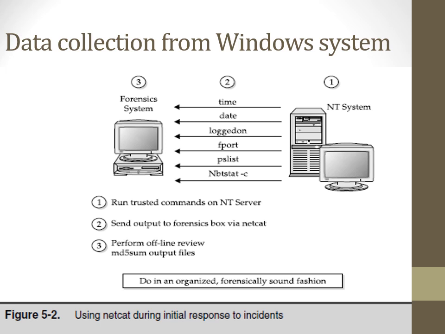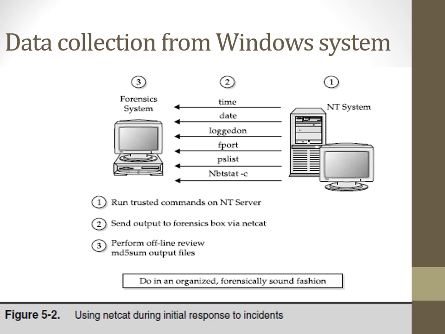Then the second thing that you ought to do is send the output to the forensic box via Netcat. So the system that is collecting data from a Windows system is the Netcat. Then the third thing that you also ought to do is perform an offline review of MD5 sum output files.